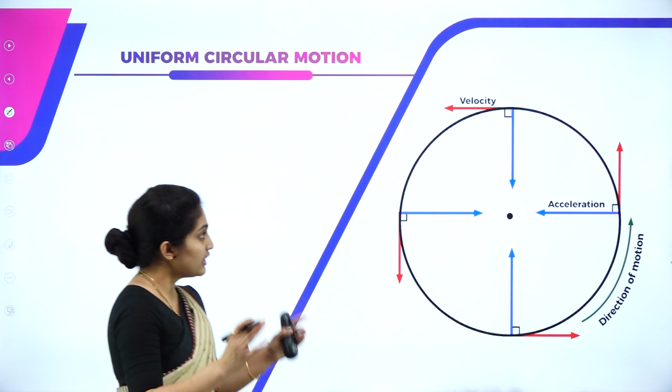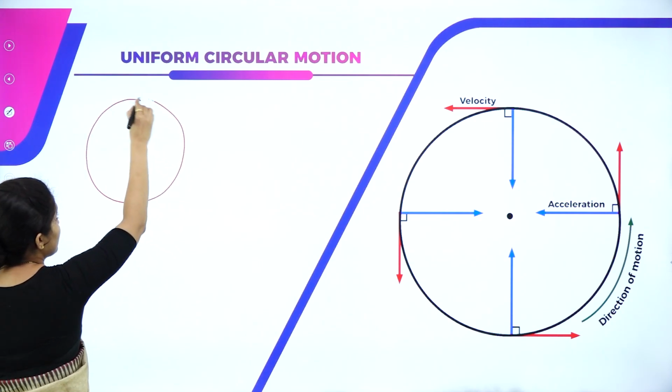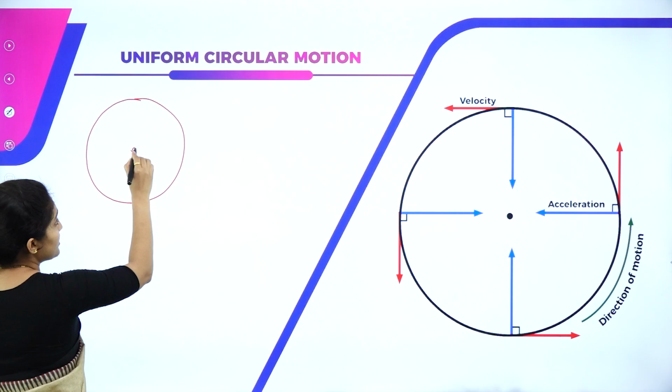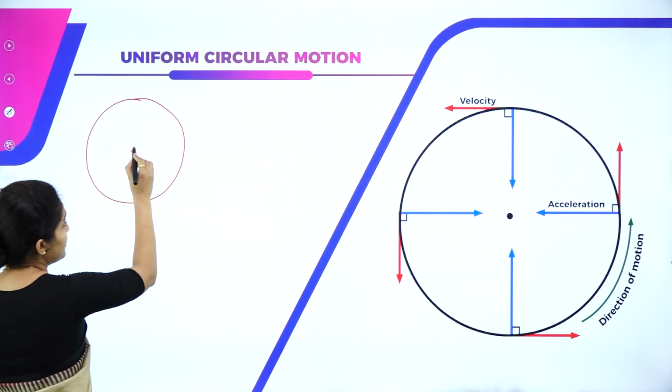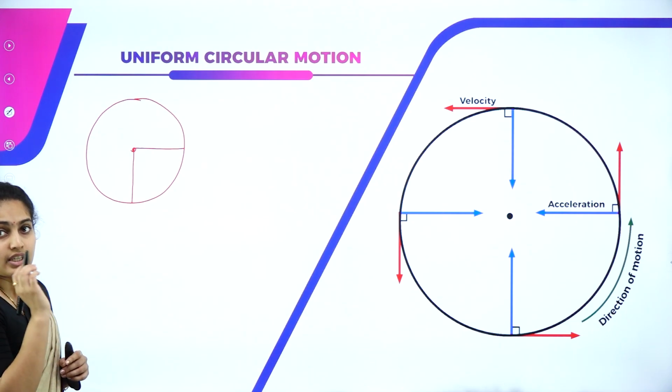Now the same diagram, with just a few changes. Here is a circle and here is a center. We have a radius over here, two radii.